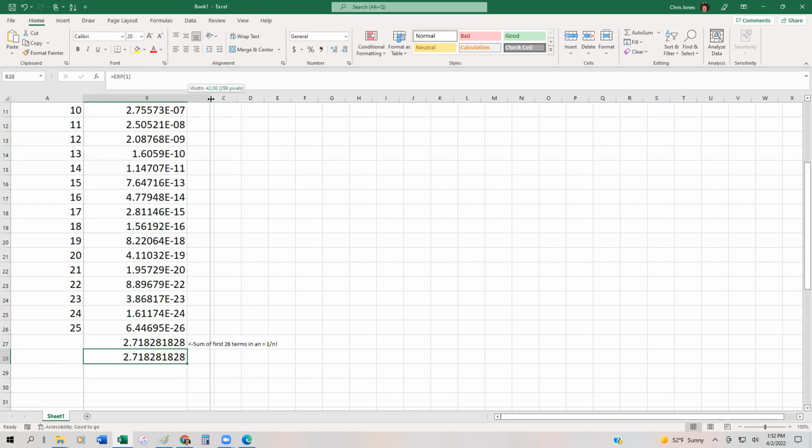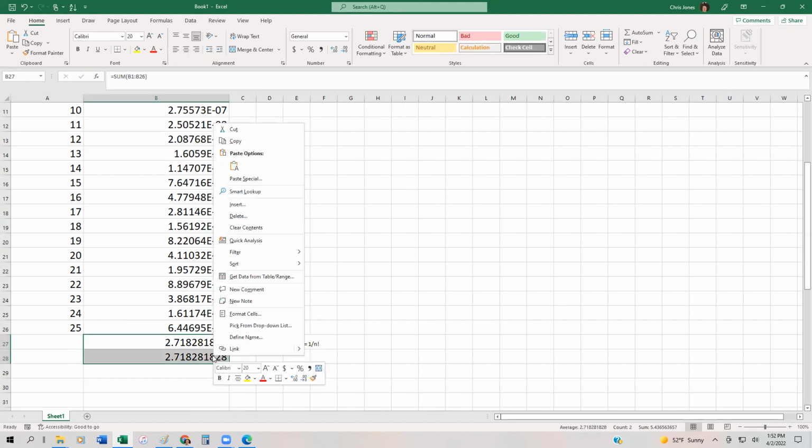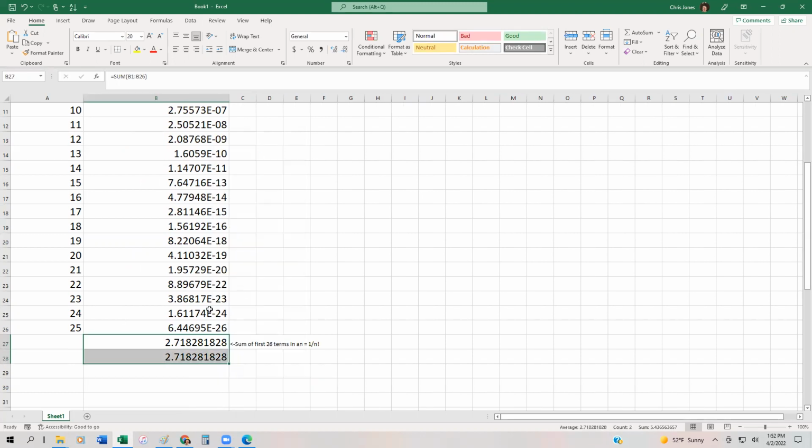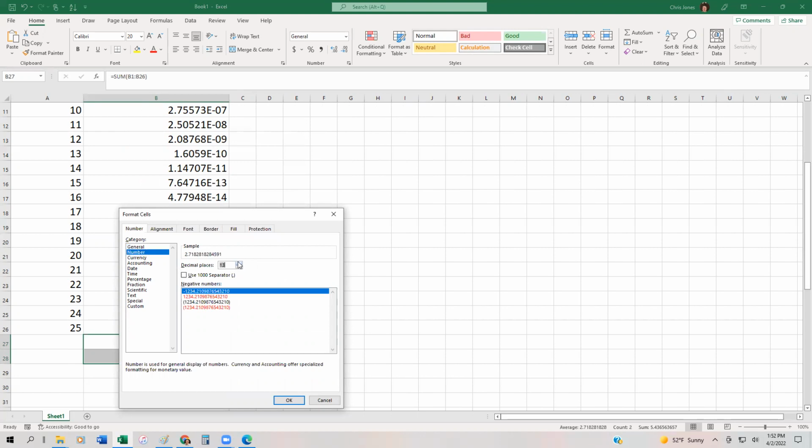And let me see if I can format this and make the decimal places. How many decimal places here? Let's go out to like 30 decimal places and see what happens.